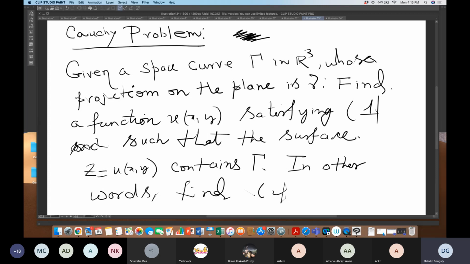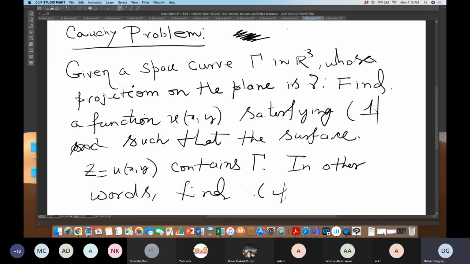The surface contains gamma means what does it mean? Can anyone tell me? The surface contains gamma. That means, what is that?